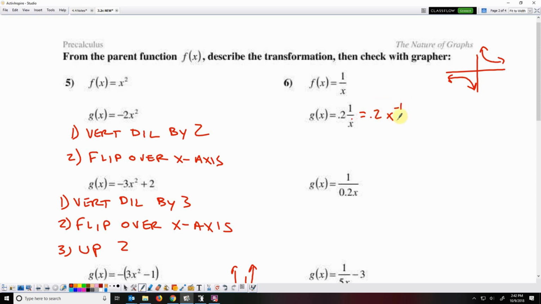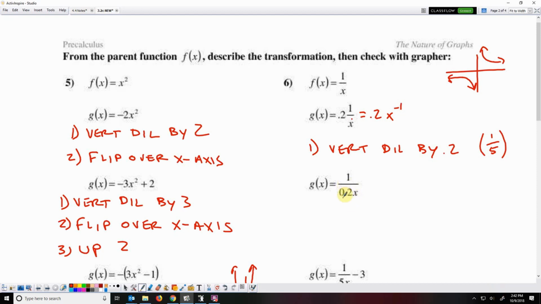So that 0.2 is not inside of that x to the negative 1 power. So that is vertical. It is a vertical dilation by 0.2. Right? Or you could say it's by 1/5. So it gets 1/5 its original height.